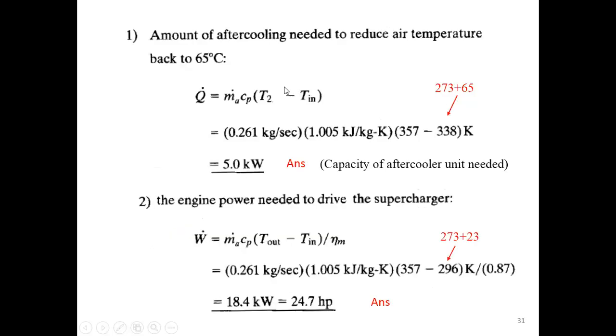So the amount of aftercooling needed to reduce the air temperature back to 65 will be what? The cooling that this aftercooler has to perform is equal to the mass flow rate of the air times the specific heat of the air times the temperature difference between the compressed air temperature and the inlet air temperature to the cylinder, which is 65 degrees Celsius.